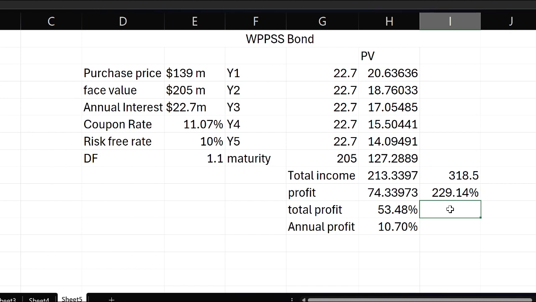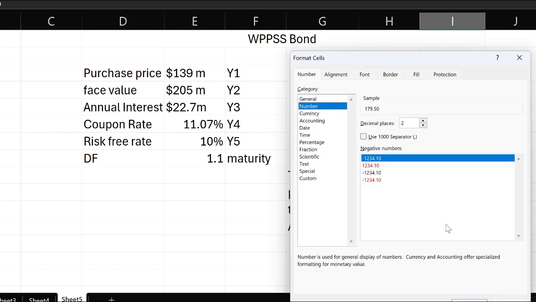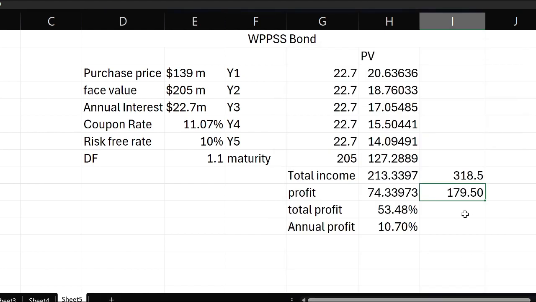Let us see the total profit. Sorry, wait a minute. This is related to total profit minus the 139 he invested initially. So the total profit, I'll again change to just numbers. So in absolute terms, 179.750 million is what he has got as a profit.